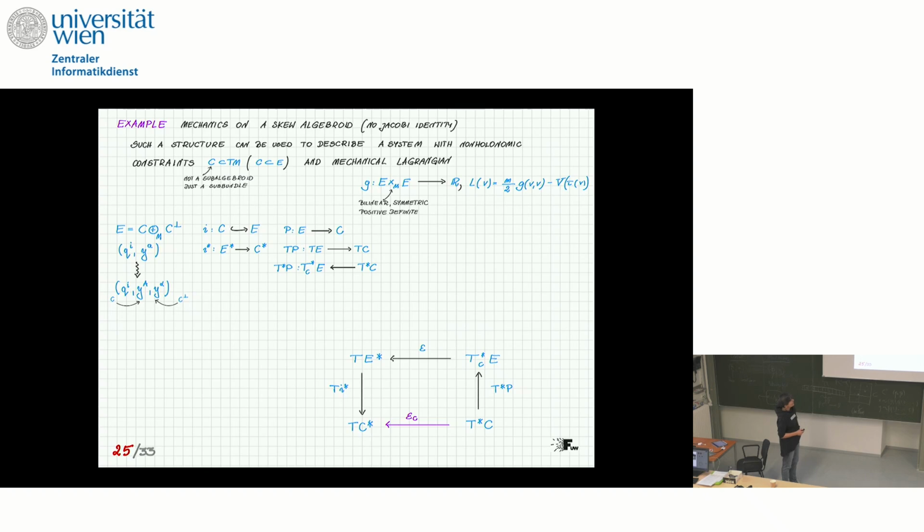But we definitely need this metric because we need a complement also. We need to be able to write E as C plus an orthogonal complement, and then everything works.